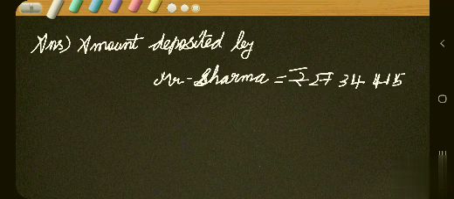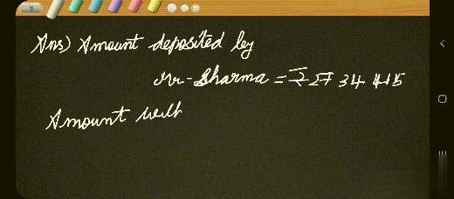Okay, can you say the second step? What is our second? Amount withdrawn is the past participle, V3 form of withdraw. Amount withdrawn by Mr. Sharma, okay?